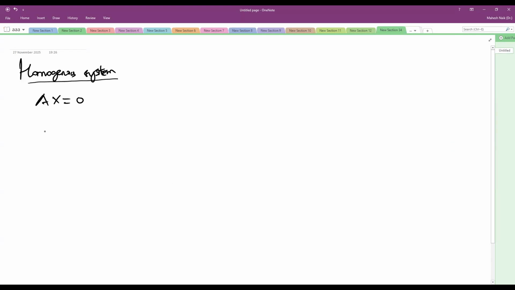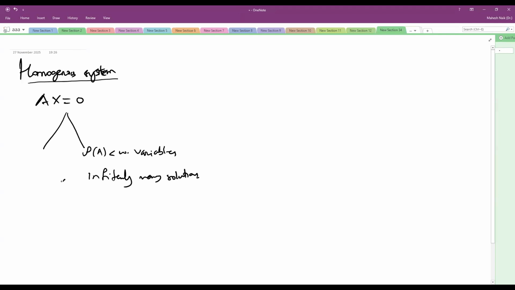The trivial solution will always be there, so there is no possibility of inconsistency. It is always consistent. But there is a possibility where the rank of A is less than the number of variables, which will bring in infinitely many solutions.